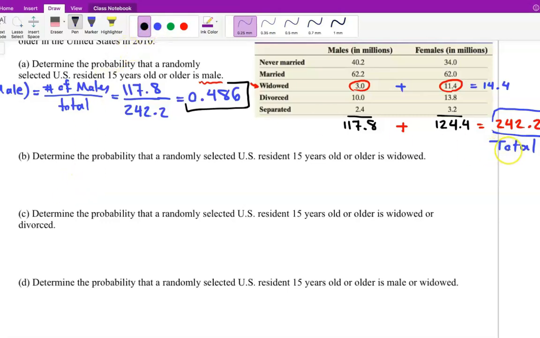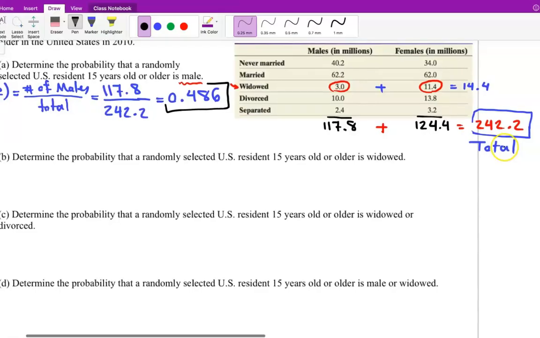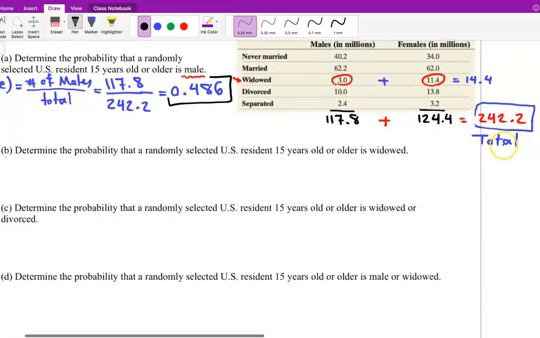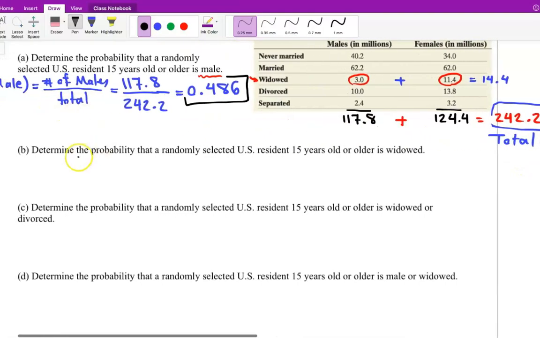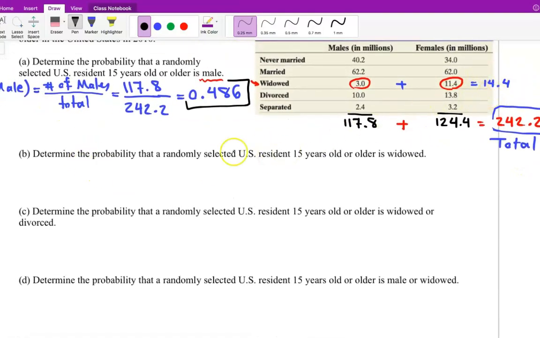So this total was for number of outcomes in part A. And now here is what we have total in denominator.